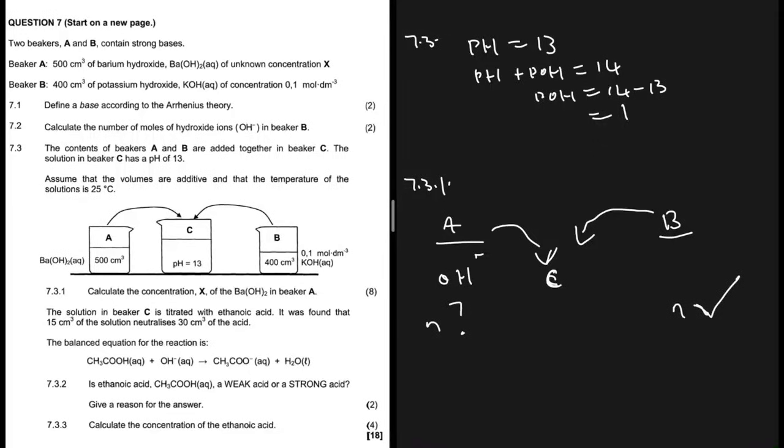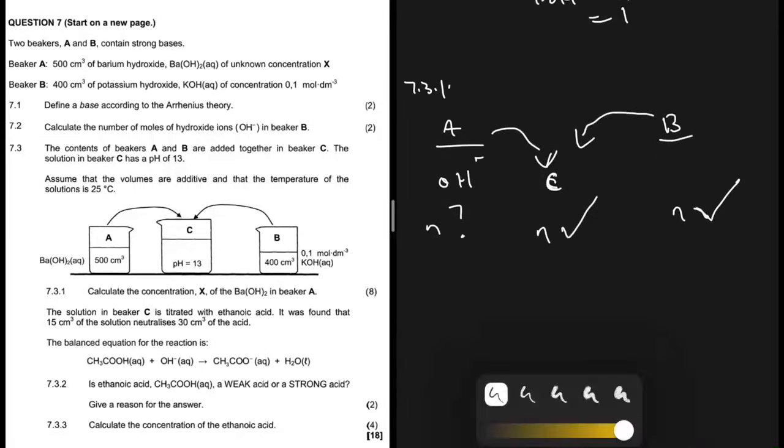And then we can use the pH to find the number of moles of OH minus in beaker C. So we're going to find the number of moles of OH in beaker C. And then after that, we'll subtract the number of moles in beaker B. And then what will be left is the number of moles in beaker A.